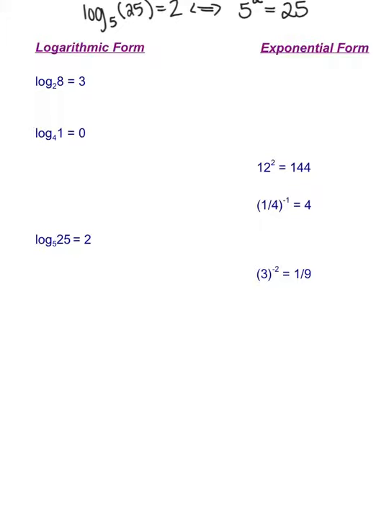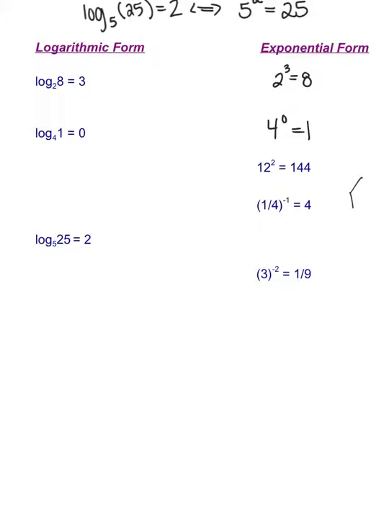The first one, log base 2 of 8 equals 3, where our translation would be 2 cubed equals 8. The second one, log base 4 of 1 equals 0. You should have 4 raised to the 0 equals 1. Now we're going to move from exponential to log.